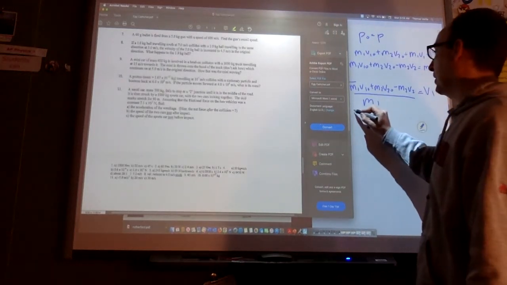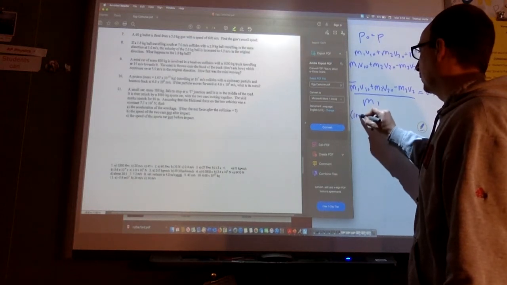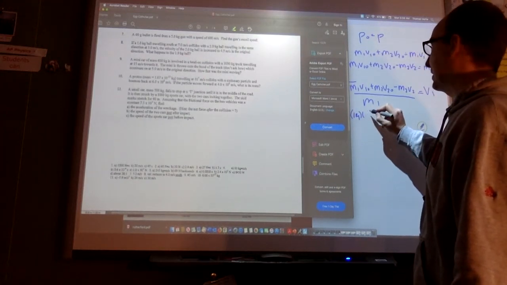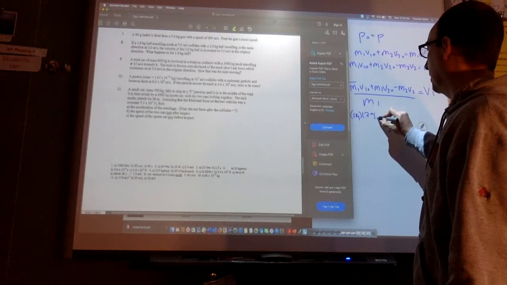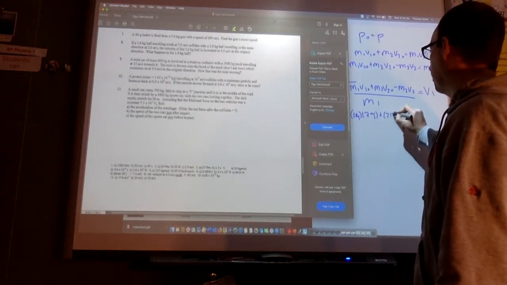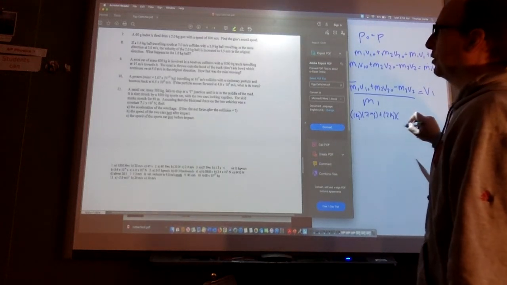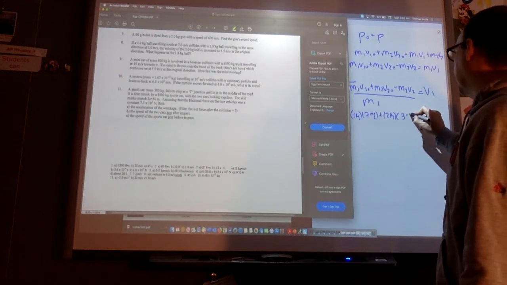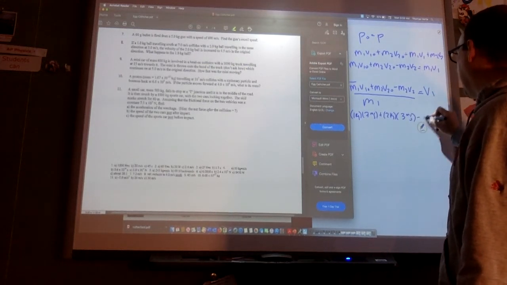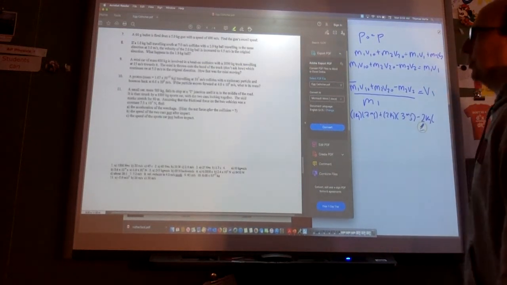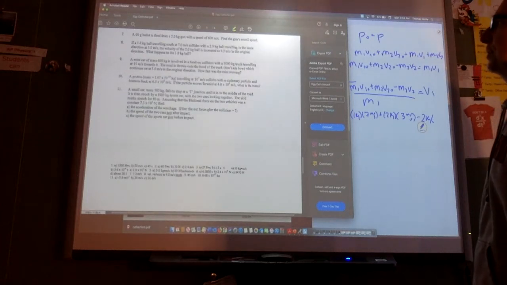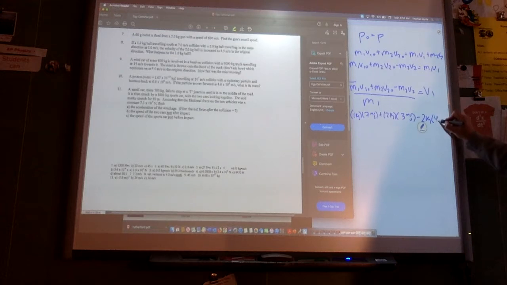So I have a 1 kilogram ball traveling at 7 meters per second. I have a 2 kilogram ball traveling at 3 meters per second. Then I have the 2 kilogram ball that is traveling at 4.5 meters per second.